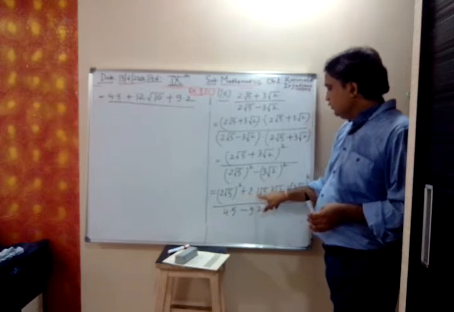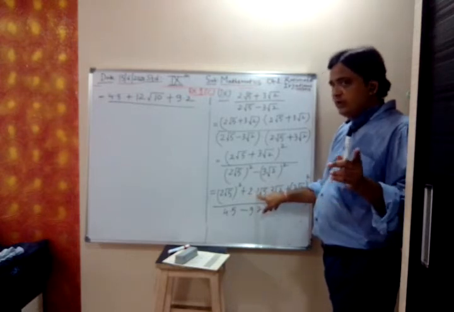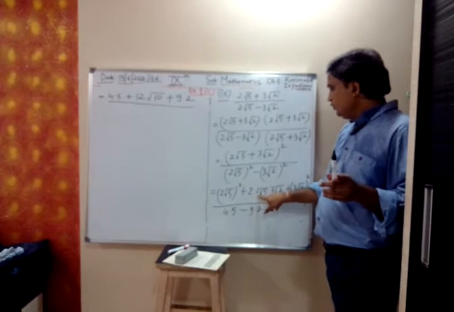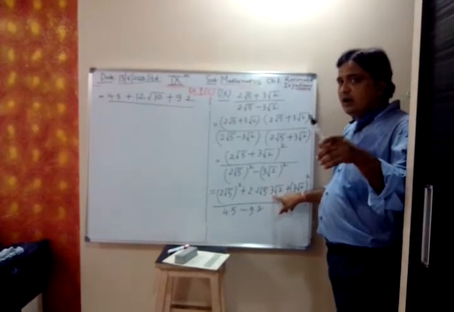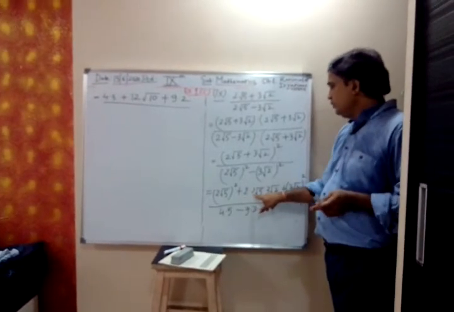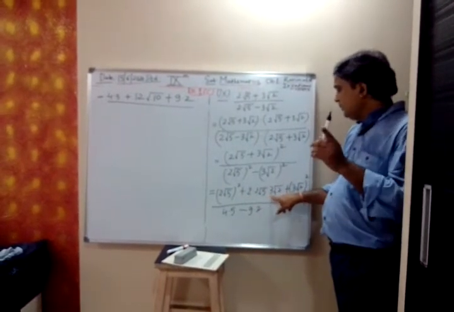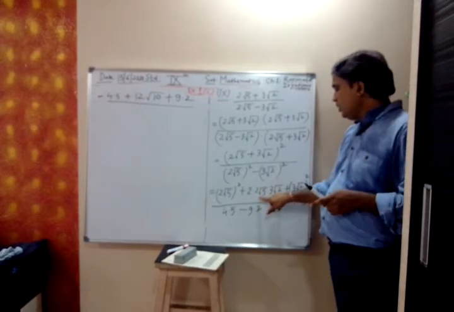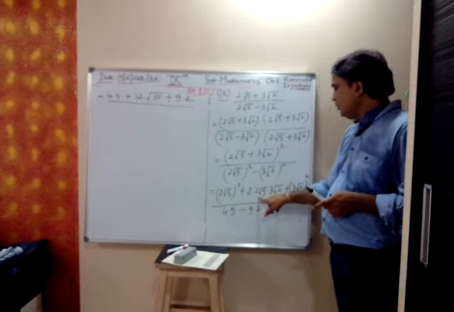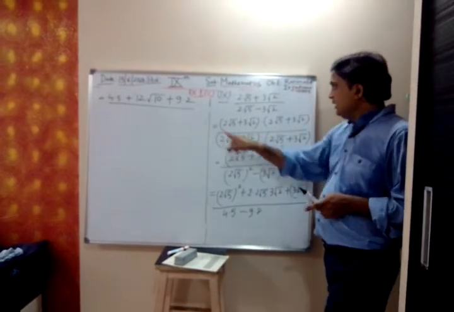So 2 into 2, 4, this 2 is outside; 4 into 3, 12. We multiply those numbers which are outside the square root. Then we multiply those numbers which are inside the square root: root 5 into root 2, root common, then 5 into 2, 10.